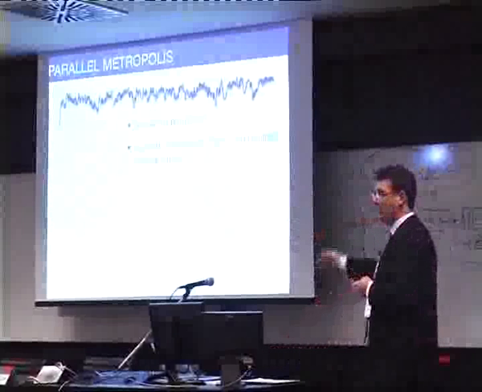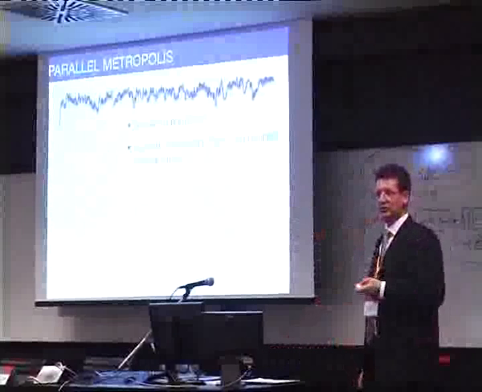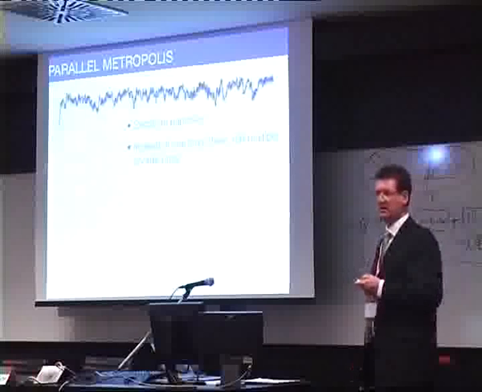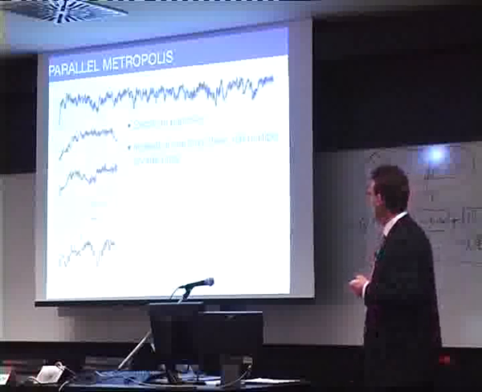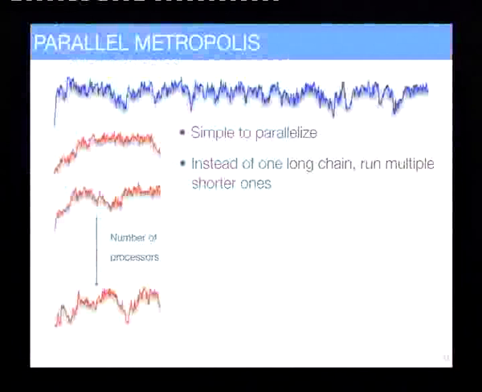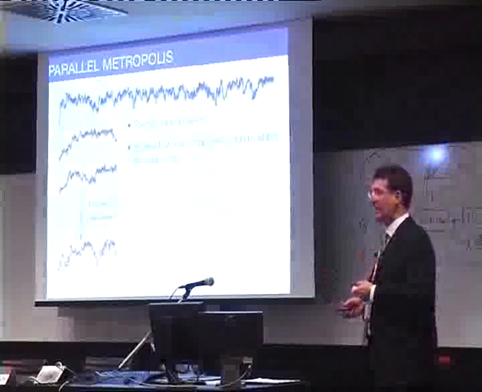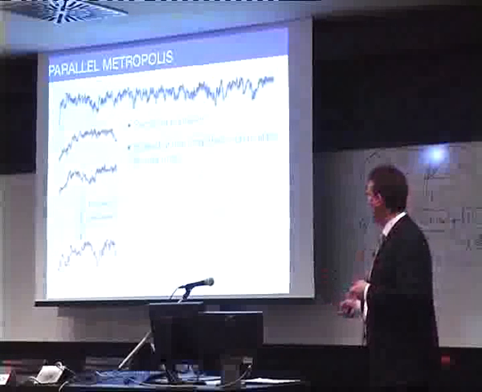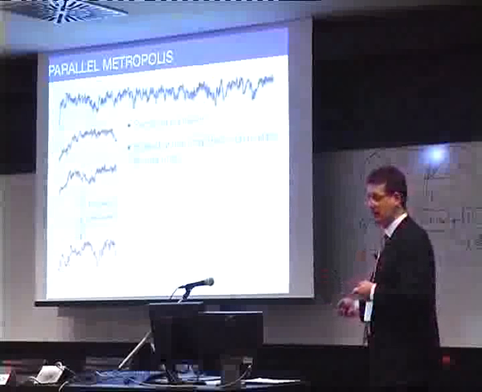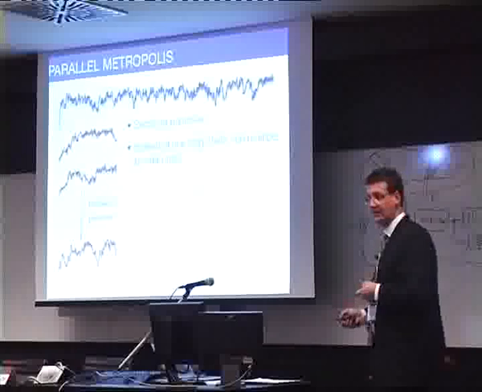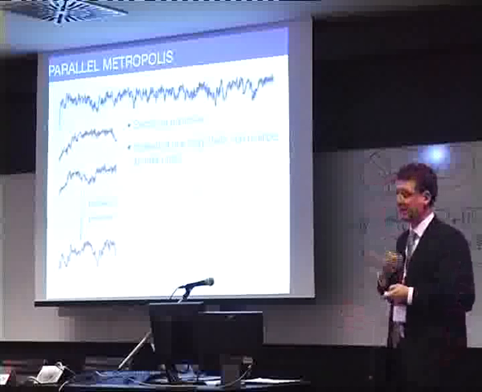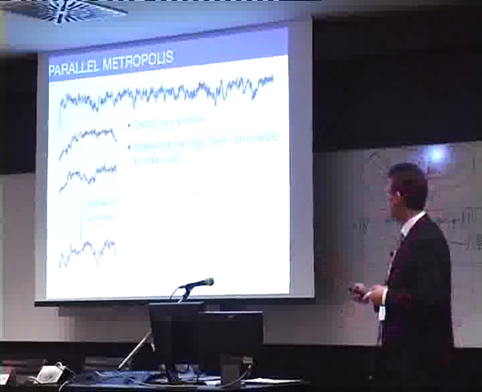Whether I run one long chain to get my 2 million realisations that I need in my average, or whether I run a whole bunch of shorter ones, to still get a total of 2 million realisations, makes no difference to the accuracy of my answer. It's just that I could do these shorter chains all in parallel. And in principle, I could run as many chains as I have processors.